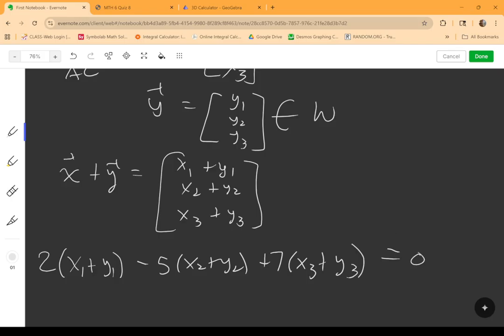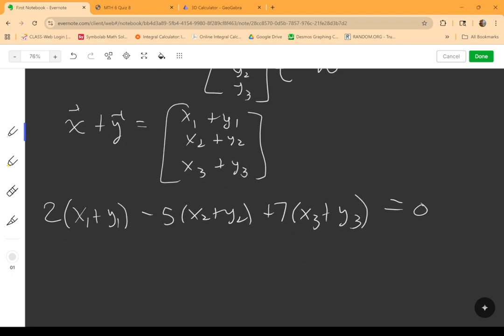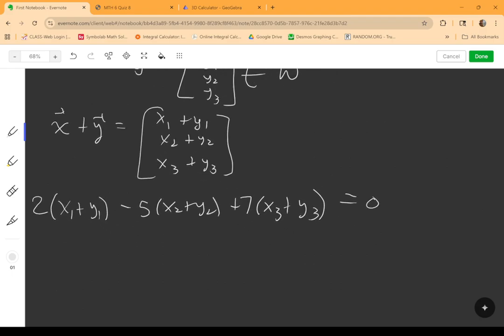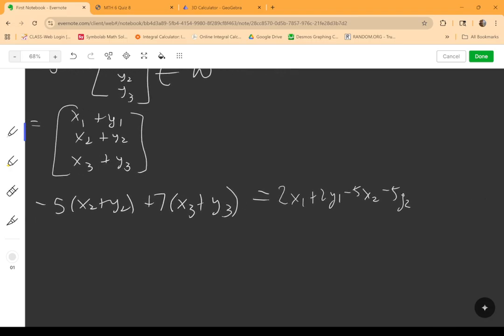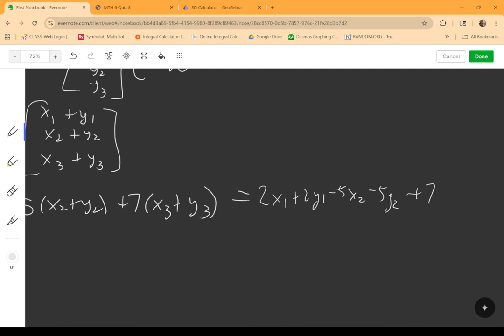What I'm checking is whether this is in fact equal to 0. Let's start by simplifying. If I distribute, 2x1 plus 2y1 minus 5x2 minus 5y2 plus 7x3 plus 7y3.